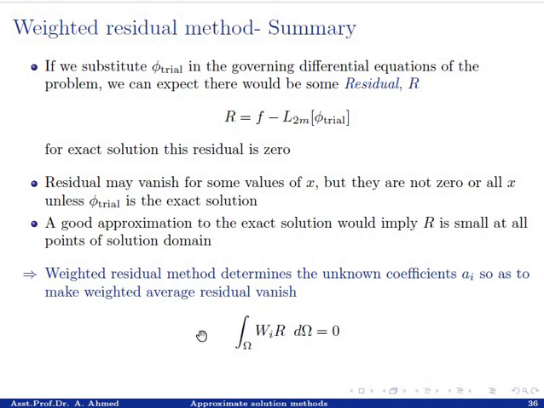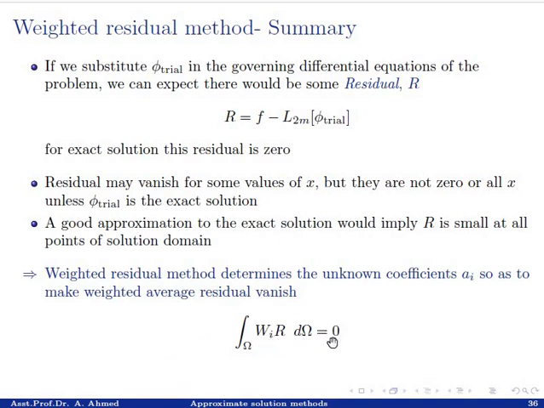Most commonly, the different methods under the category of weighted residual methods are symbolized with this particular equation, in which instead of writing down the integral of R must approach 0, usually we can symbolize different weighted residual methods as the integral of some weighting function multiplied by R must be equal to 0.